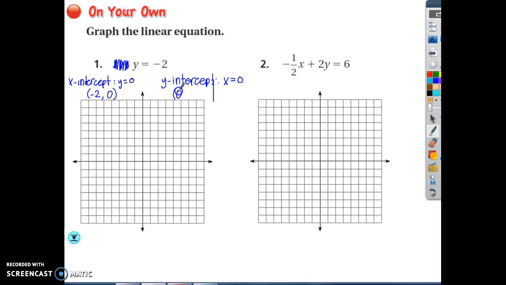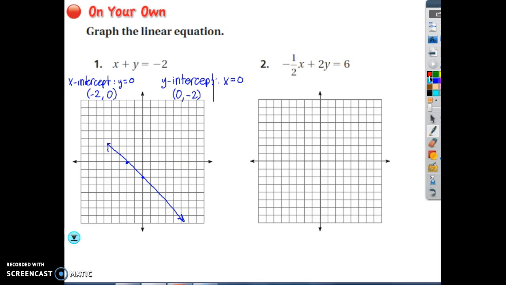So when x is equal to 0, y is equal to -2. Now that I have these two intercepts, I can go ahead and graph just using these two alone. The x-intercept is -2, 0. The y-intercept is 0, -2. Plotting these 2 points and graphing my line, my equation should look like this when graphed.